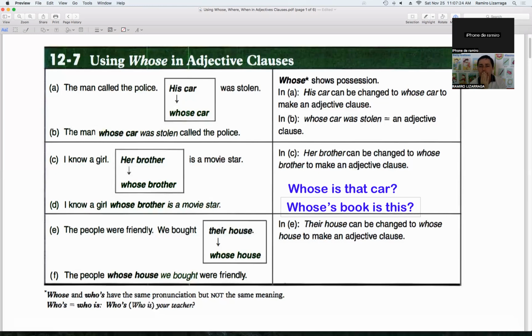Whose book is this? ¿De quién es este libro? O algo así. A ver, whose book this is? Whose book is this? Sí, pero como que tengo una duda por aquí.